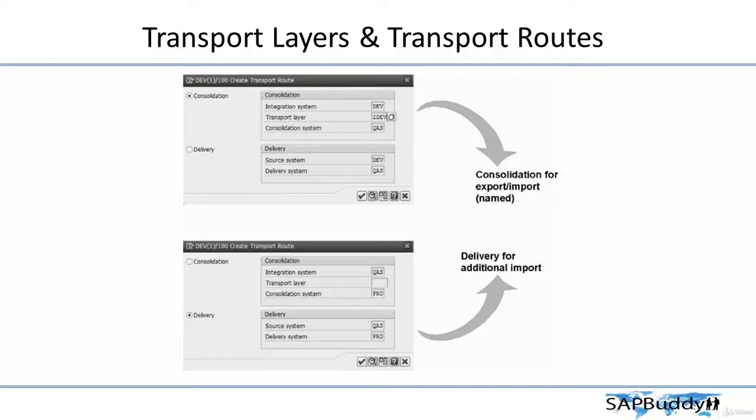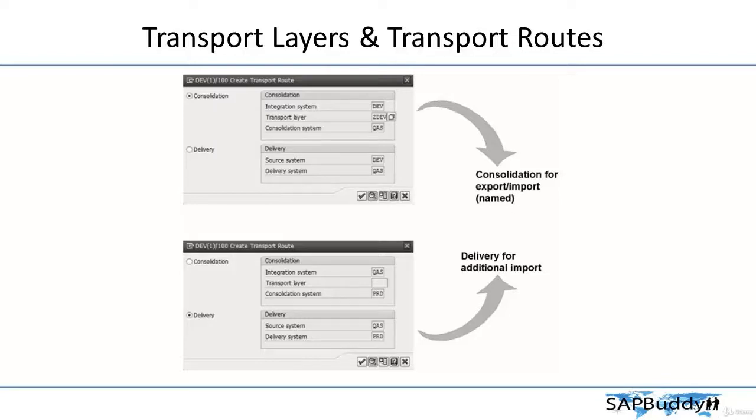If you are doing a change which is more than the standard configuration, in that case we need to define the consolidation route properly in order to transport the changes. Whenever you are doing any changes in the TMS, you will create a new version of this configuration, which needs to be activated and distributed to all the systems.